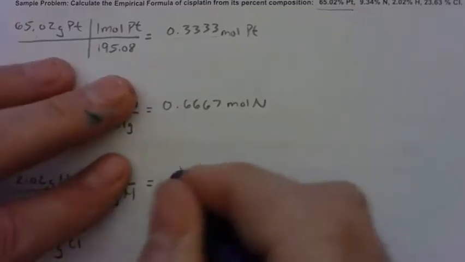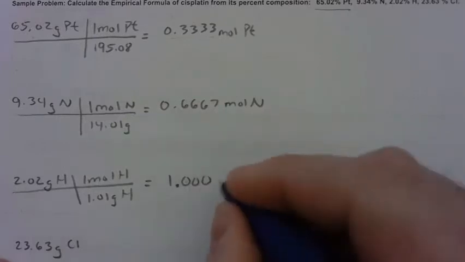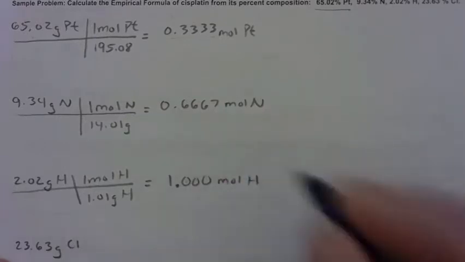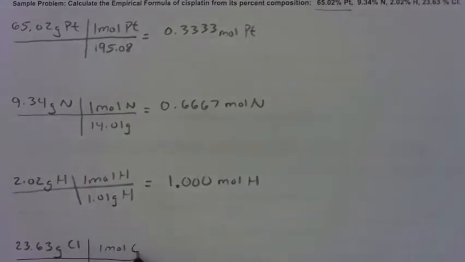Technically, it should be 1.000 moles of hydrogen. And then for chlorine, for every 1 mole of chlorine, there are 35.45 grams of chlorine.